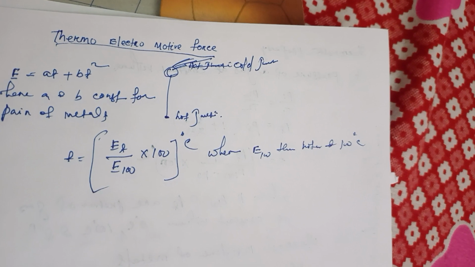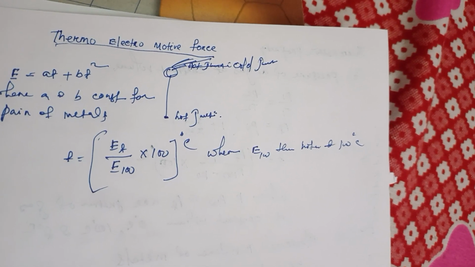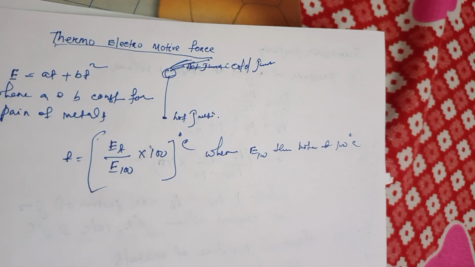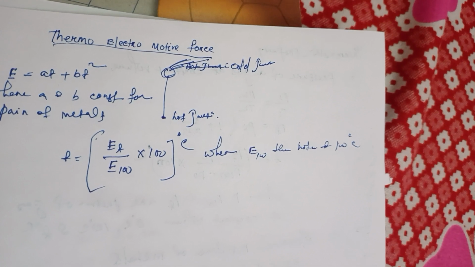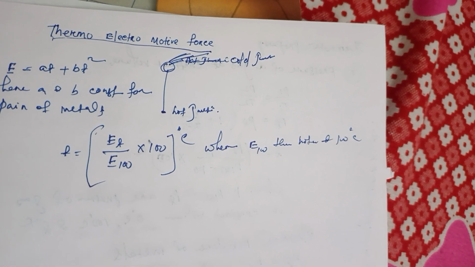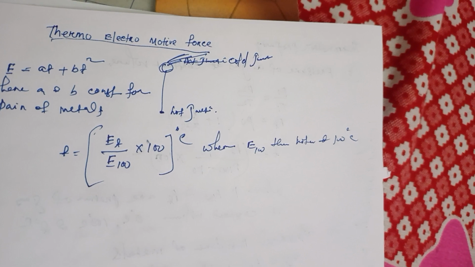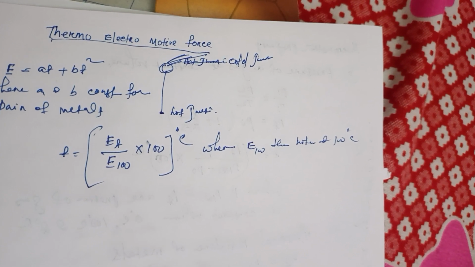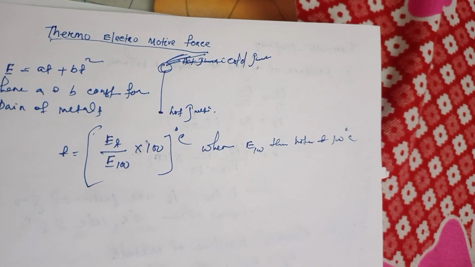A thermometer can measure temperature ranging from minus 200 degrees centigrade to plus 1600 degrees centigrade.